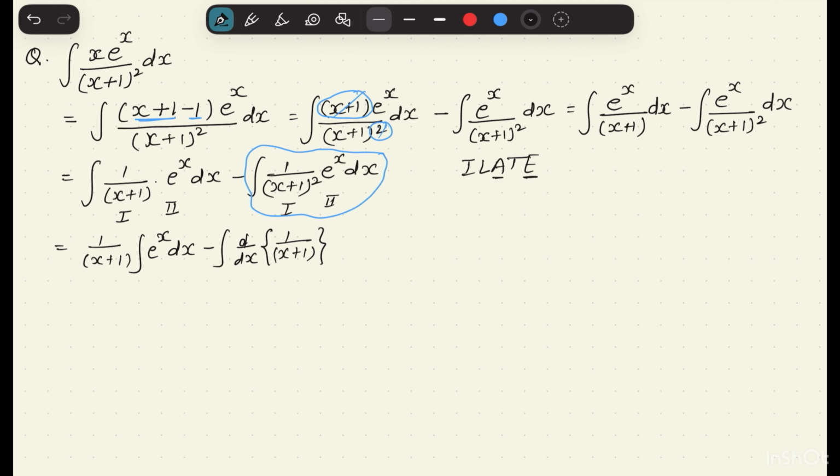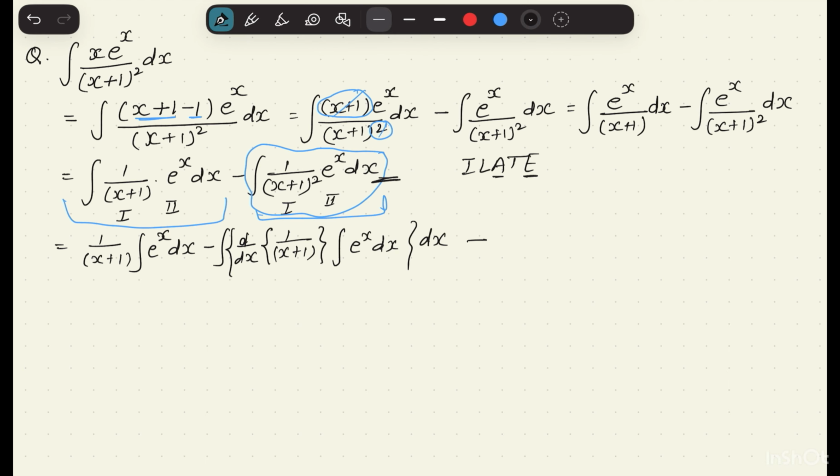So we will not solve the second one, but we will solve only this first integral only, and second one will be cancelled out. Okay, let us check. So differentiation of this and integration of e to the power x dx, and then integration of their product, and we have this second term. This is integration of 1 upon x plus 1 whole square e to the power x dx. Okay, now we solve this.